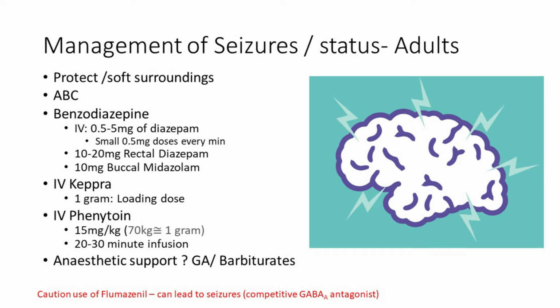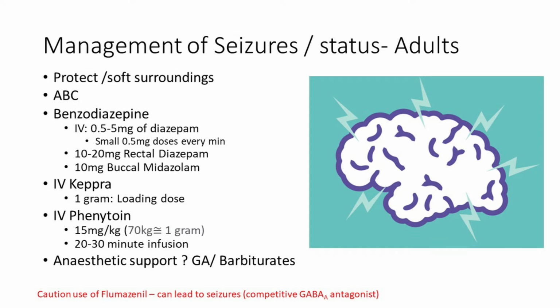The other side of that is if they're already on Keppra, at that stage, and in any scenario you should involve the registrar, the next step really is looking at whether they're for phenytoin or anaesthetic support, and to induce them into a coma to prevent the seizures.